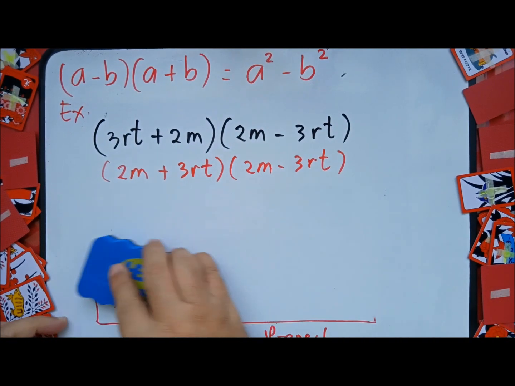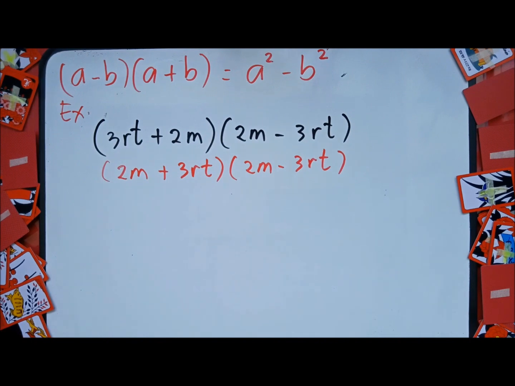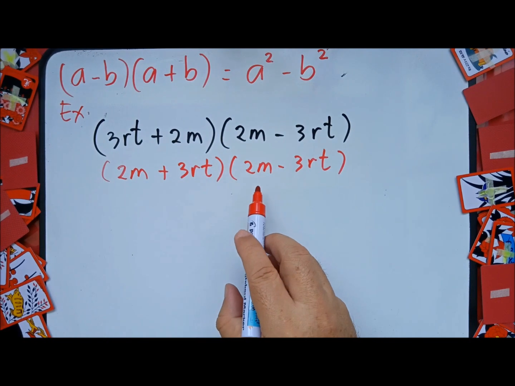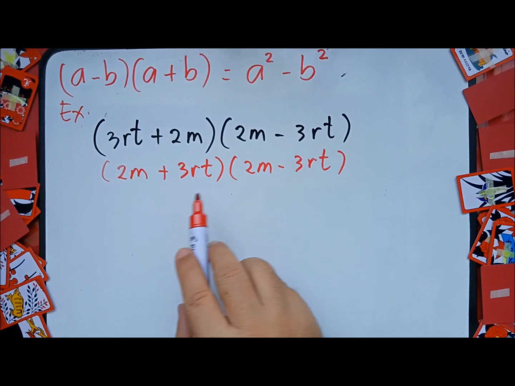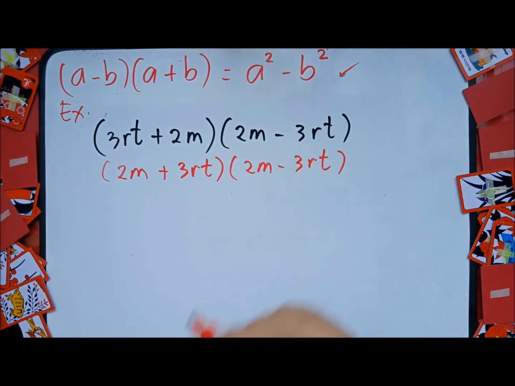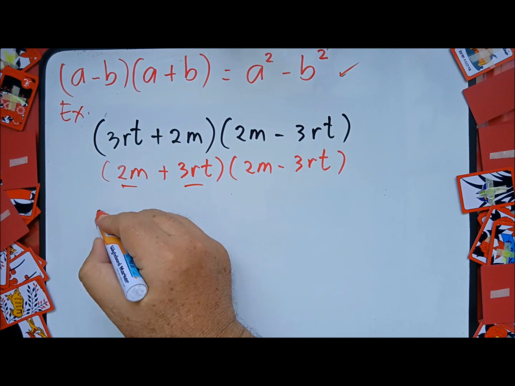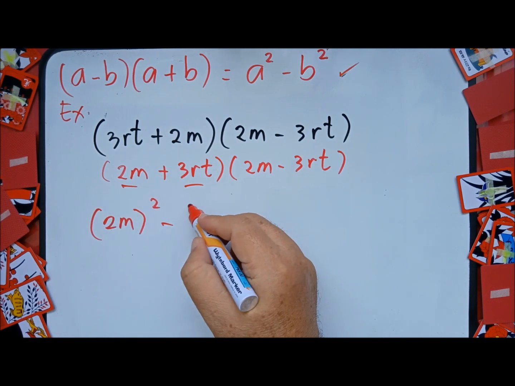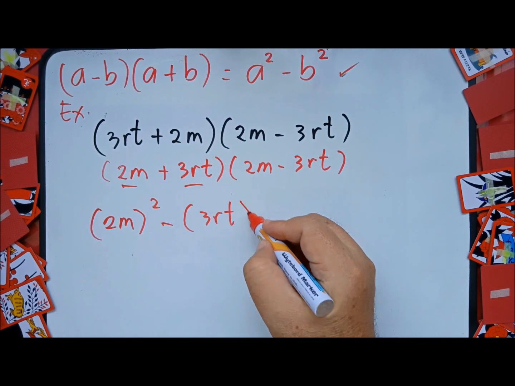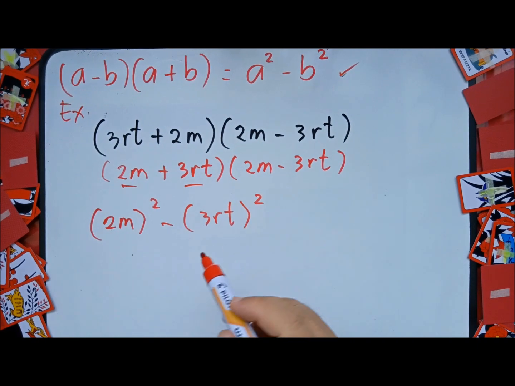Okay, next, what will you do with this? Same first terms, same second terms, opposite sign. You can apply this now. So this is your A, this is your B. So 2m squared minus 3rt squared.